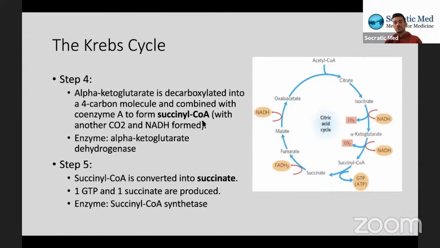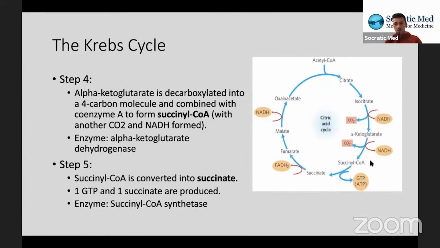So with another CO2 and NADH formed, just like step 3. And the enzyme that is used is alpha-ketoglutarate dehydrogenase, because we are dehydrogenating again, and it's a decarboxylation. So we release that carbon dioxide, and now we only have 4 carbons.